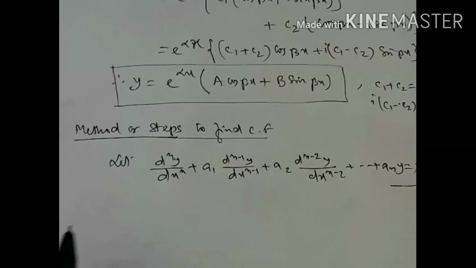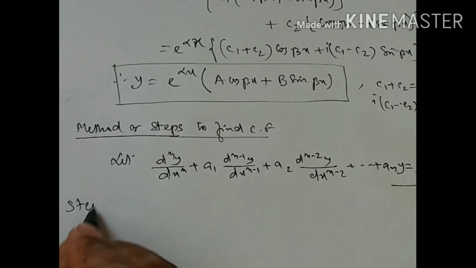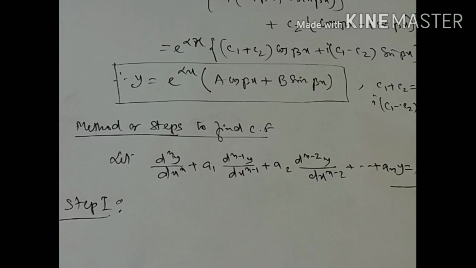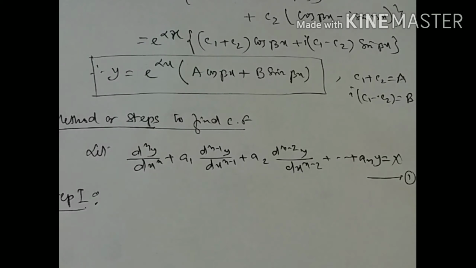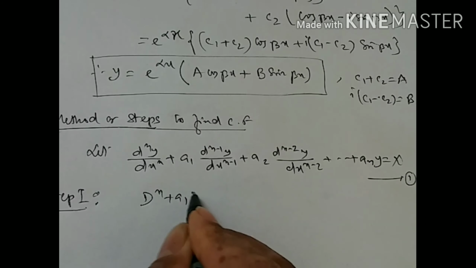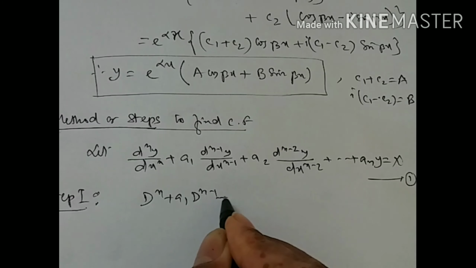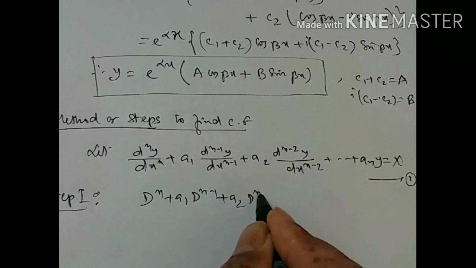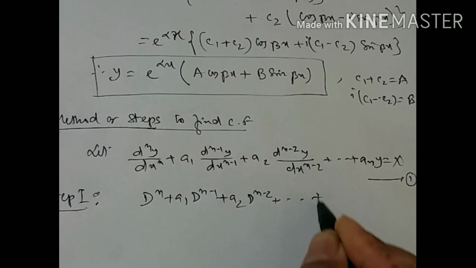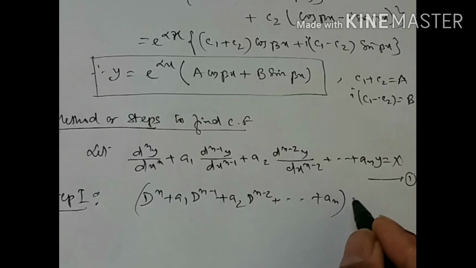So our first step will be to rewrite this equation into the symbolic form. We already learned what is symbolic form. First we have to write this equation in symbolic form.